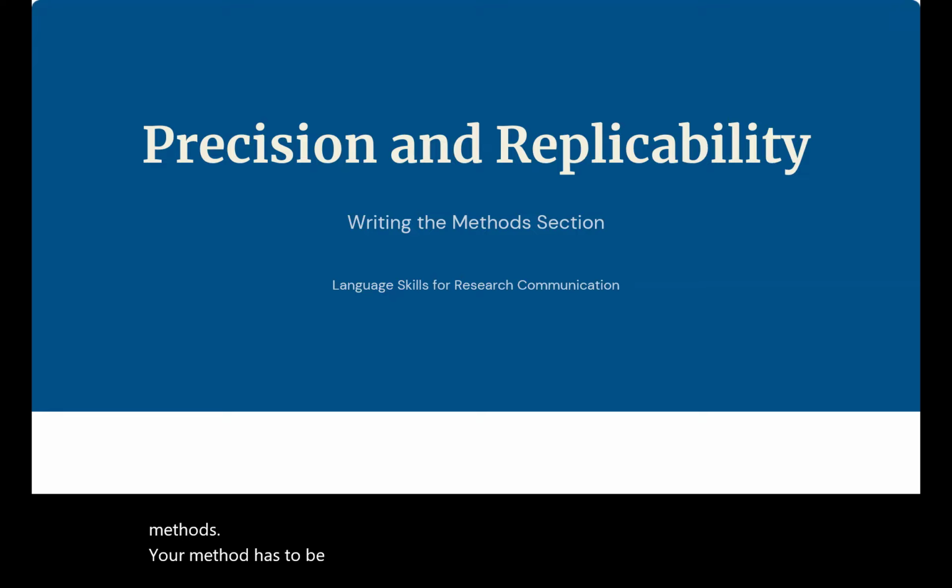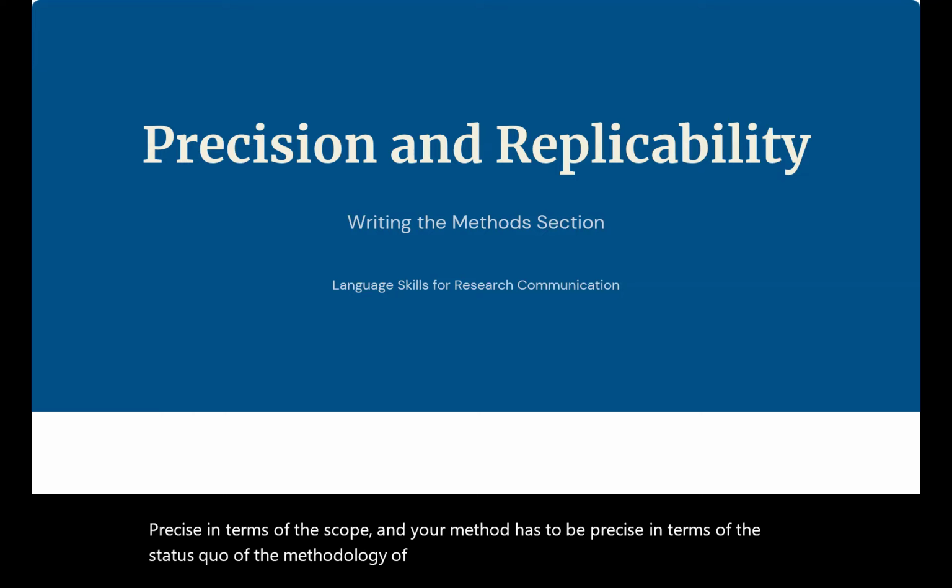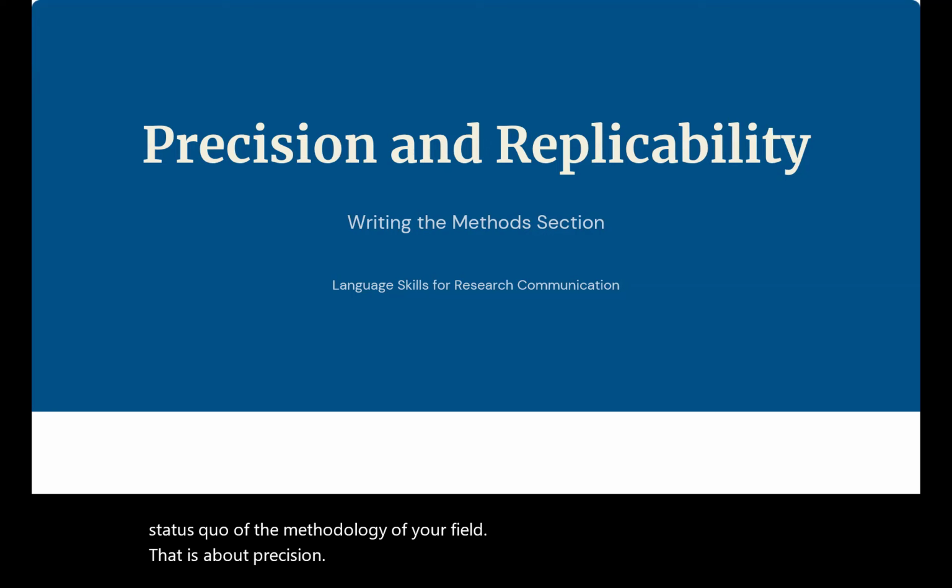Your method has to be precise in terms of the scope, and precise in terms of the status quo of the methodology of your field. That is about precision. And if your method is actually precise, there is no doubt about its replicability.